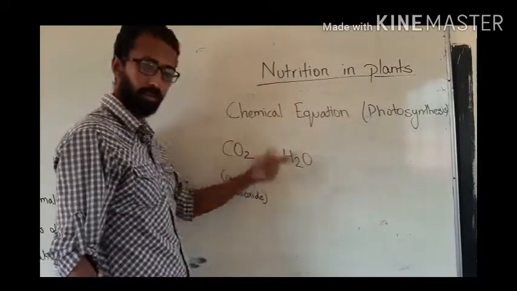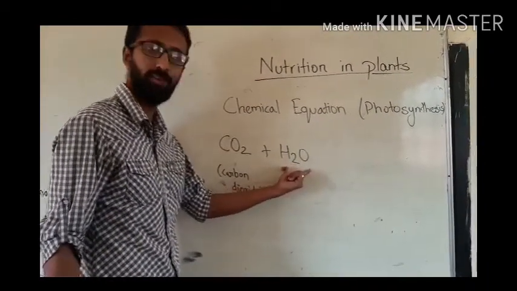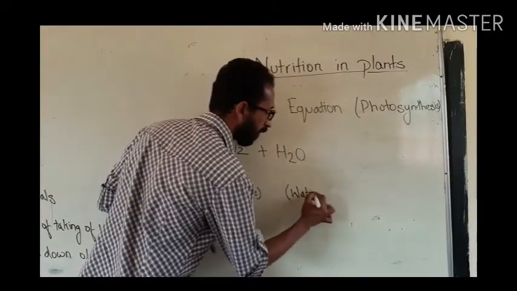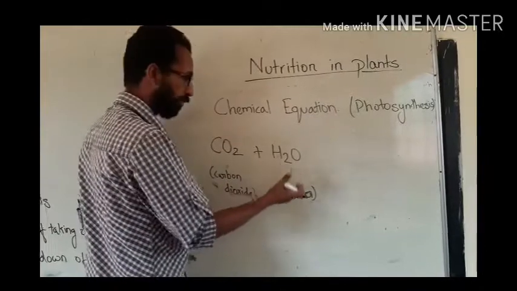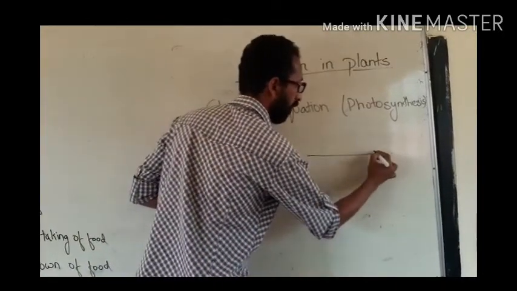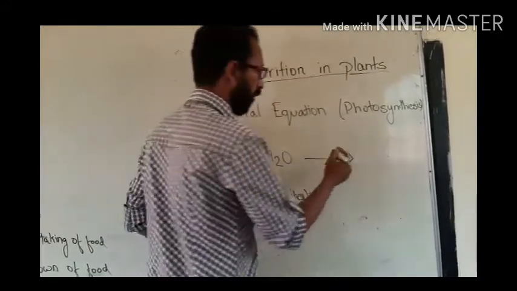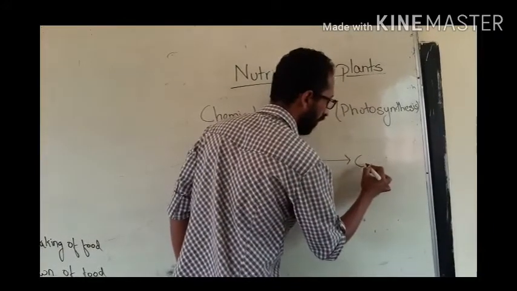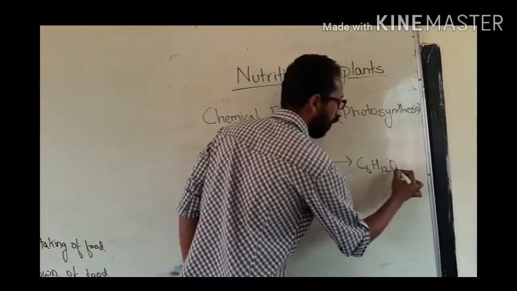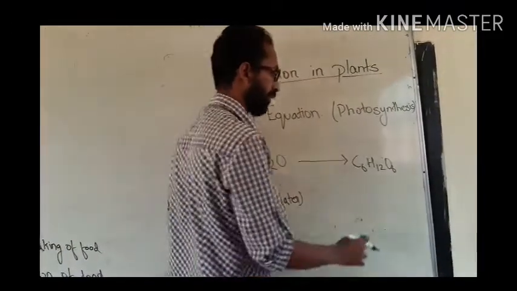Carbon dioxide from the air is taken by the leaves and combined with water from the roots or from the ground. When combined, it forms a compound called glucose, that is C6H12O6.